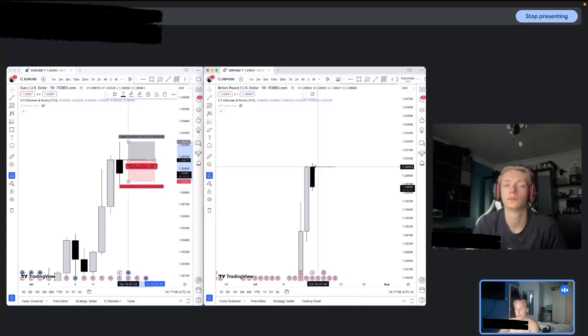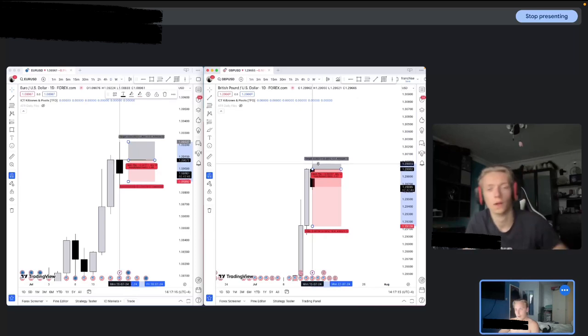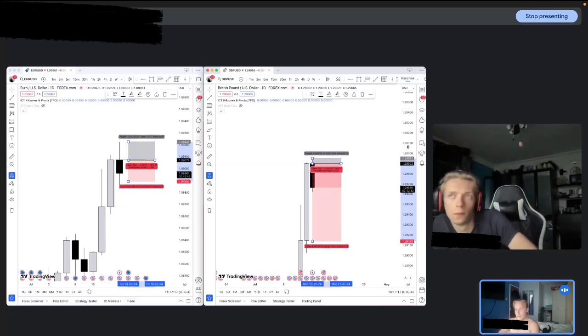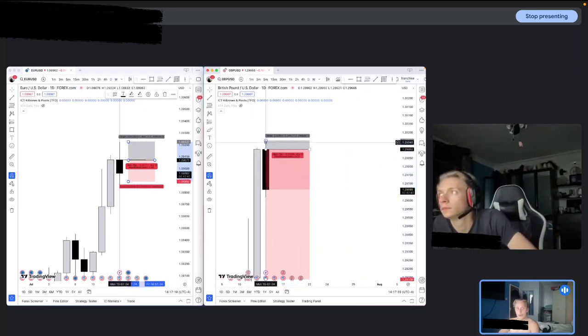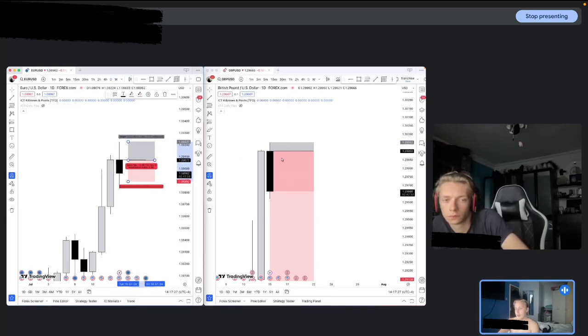And this is why I don't trade Monday, because it is not as clean as a Tuesday market profile or a Wednesday market profile. So the top wick on the daily of the pound dollar was 5 pips. Top wick on the euro against the dollar was 15.